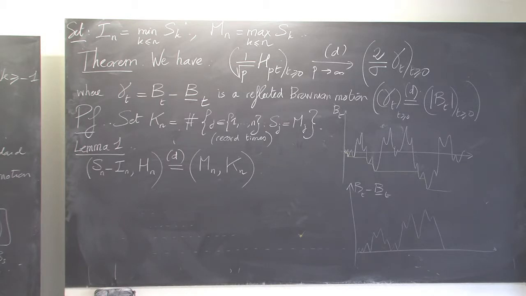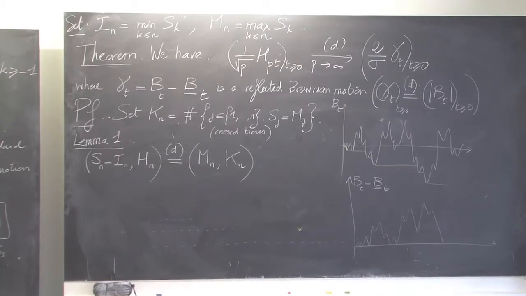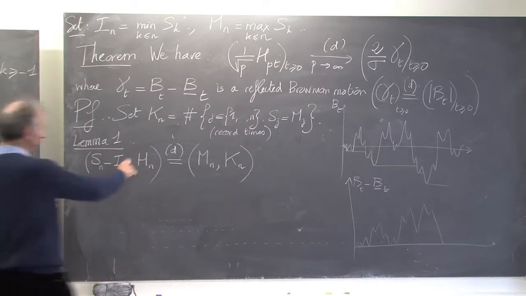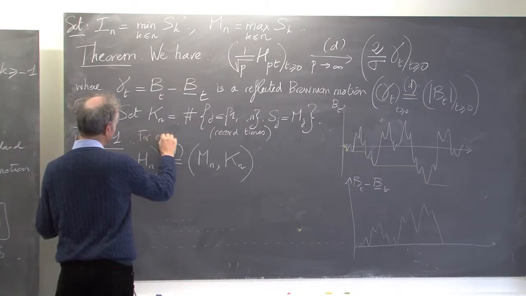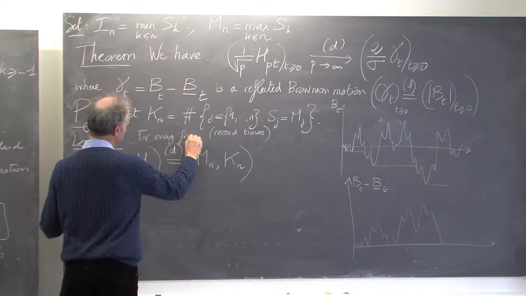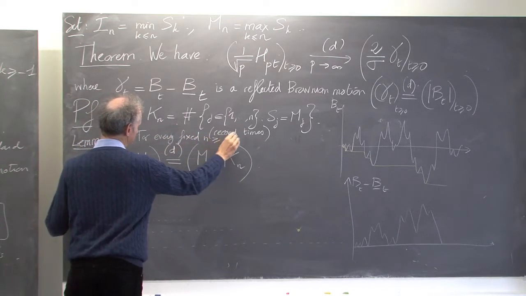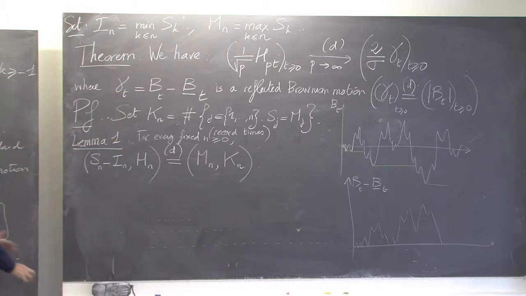We are going to prove it. It's not at all a difficult result, you will see, but it's going to be very useful for us. This is for every fixed n. It's not true, of course, as a process in n.